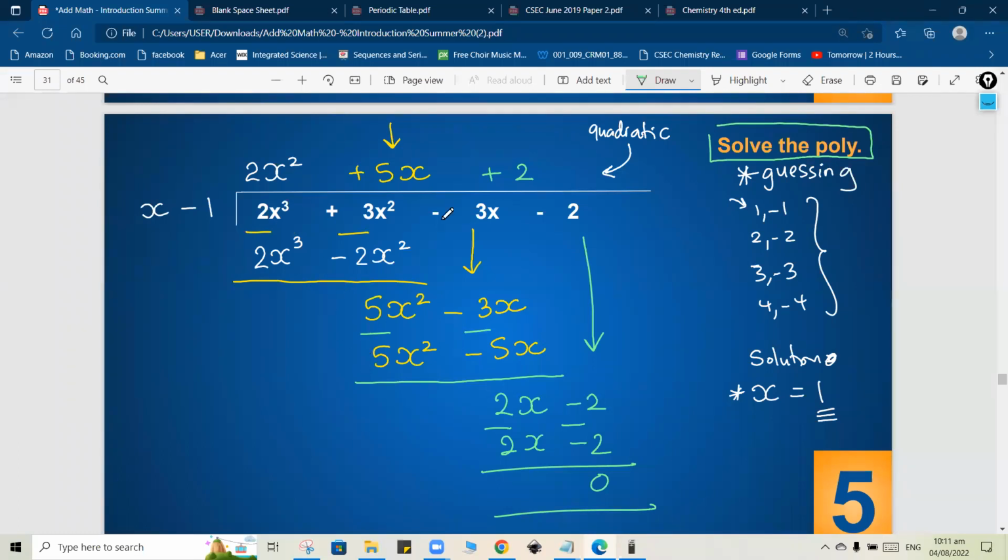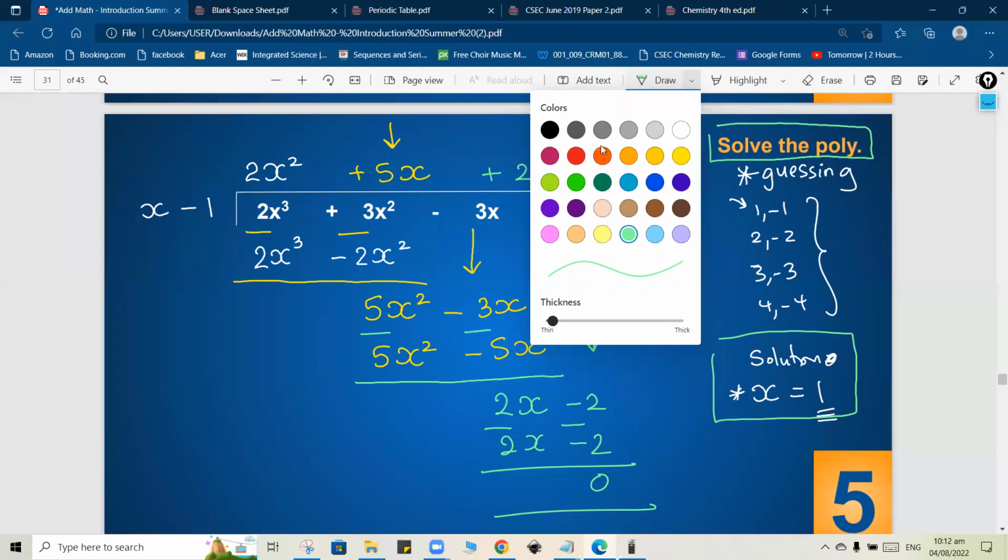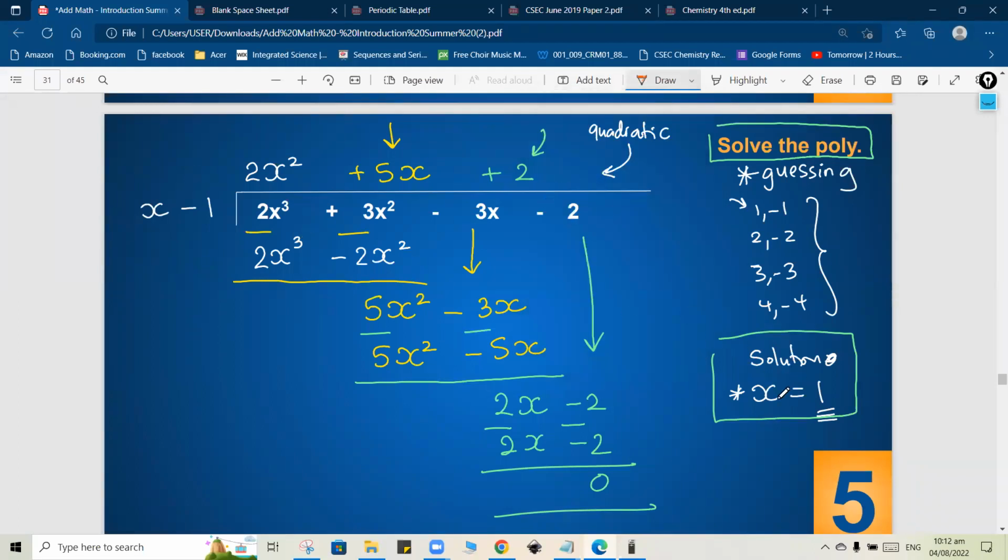But when you solve a cubic, most of the time you get 3 answers. Our first answer, we guess it. To get the other 2 answers, you have to solve the quadratic on top. Those 2 answers plus this 1 answer will make it 3 answers.